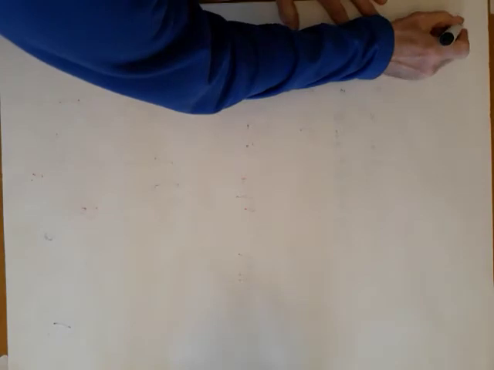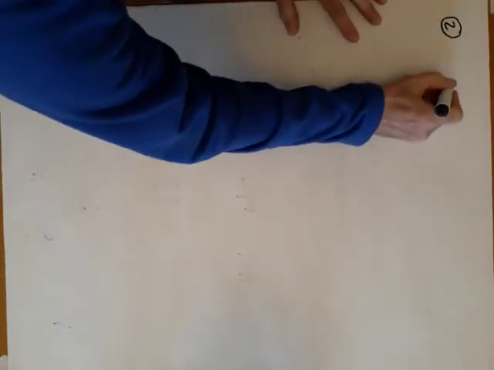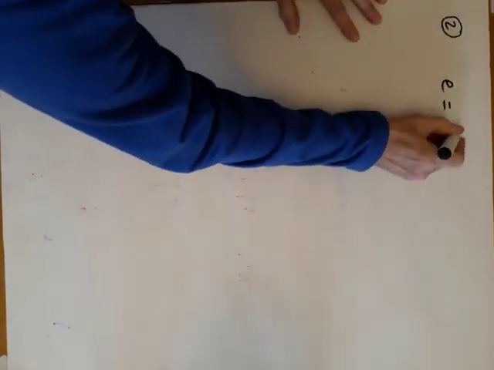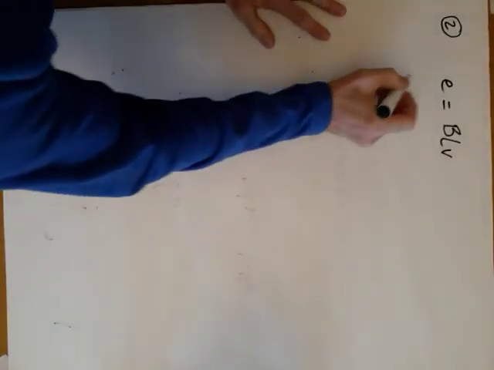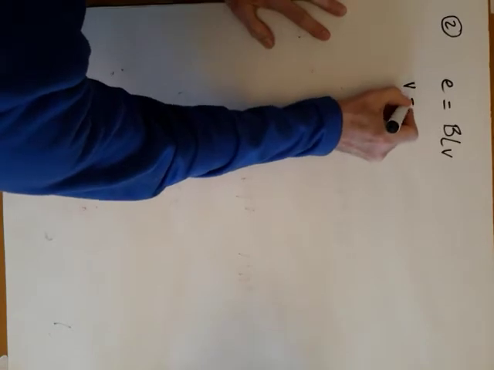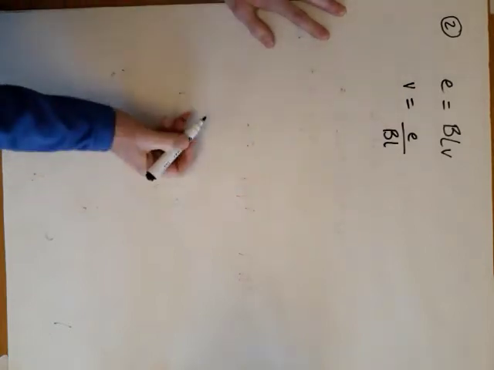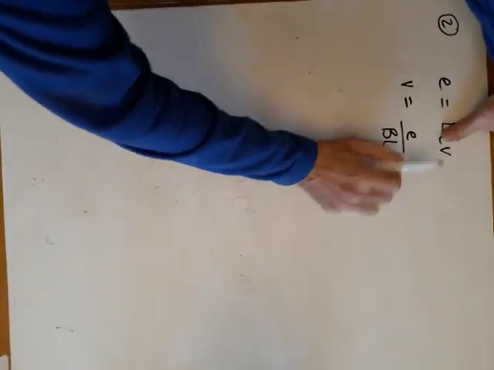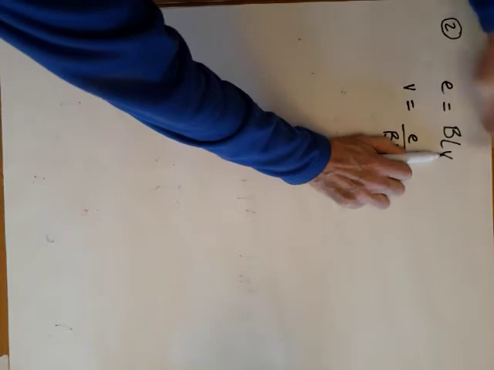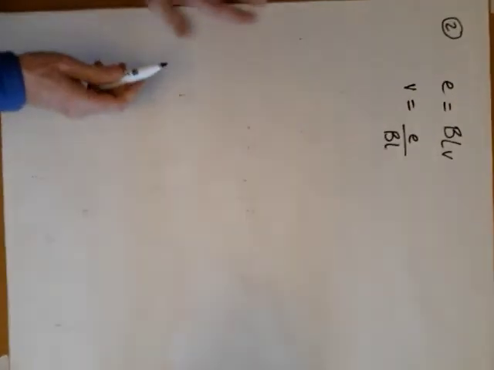The second example needs you to do a transposition. So our base formula, E equals B L V, we need to transpose that, and the velocity is what we're trying to find. So V equals E over BL. In this case, leave V on the top line, and B and L have moved diagonally underneath E. We'll talk about that again in a second.